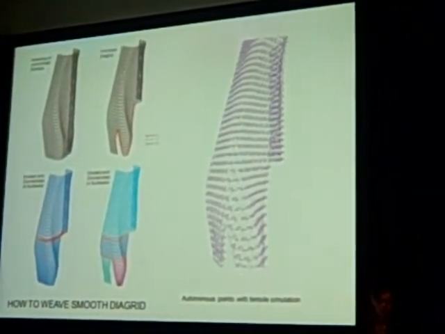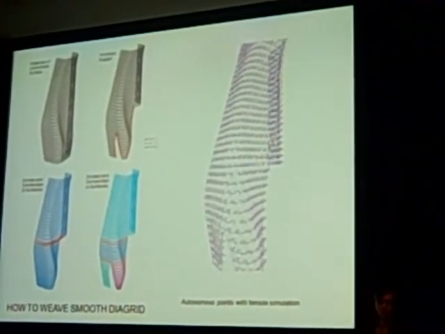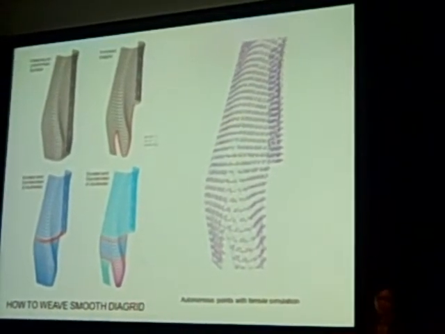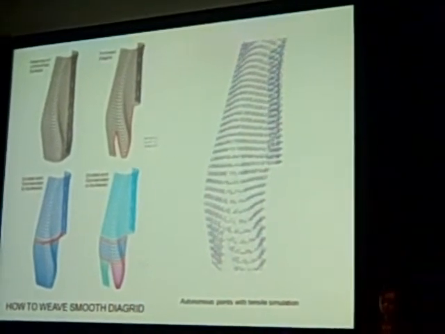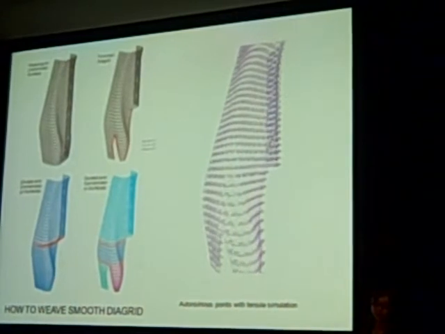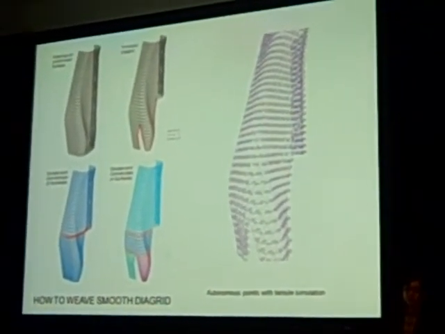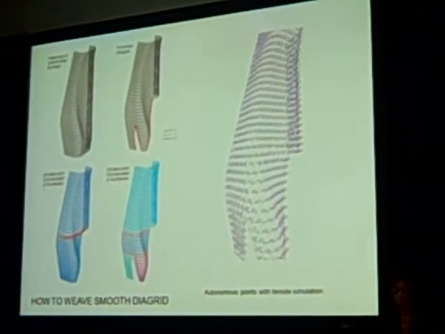Another way in the traditional approach is to simplify the original geometry into simple entities, like four simple surfaces, and build a diagrid between them. But you have to stitch them, and the stitching cannot always be smooth.